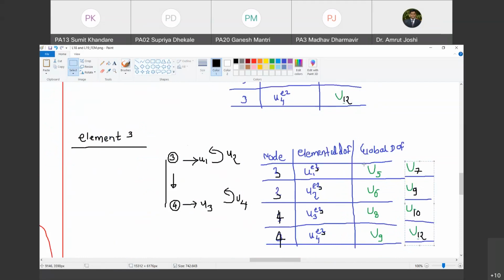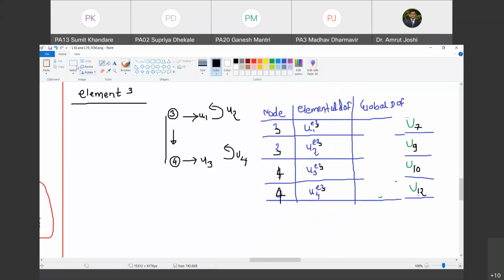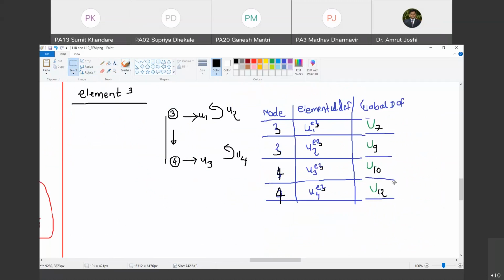This should have been here, and this was U9, right? So yes, this is done. We have done elemental degree of freedom mapping to global degree of freedom. Happy?